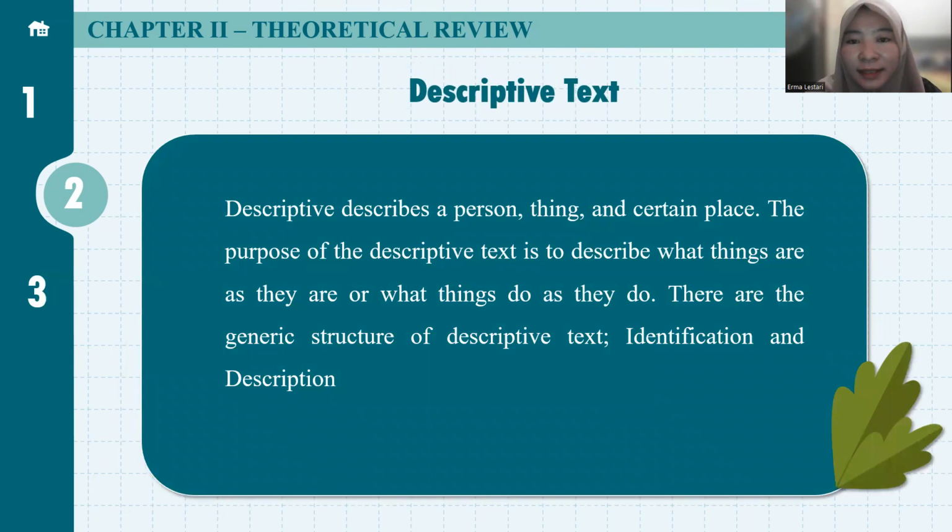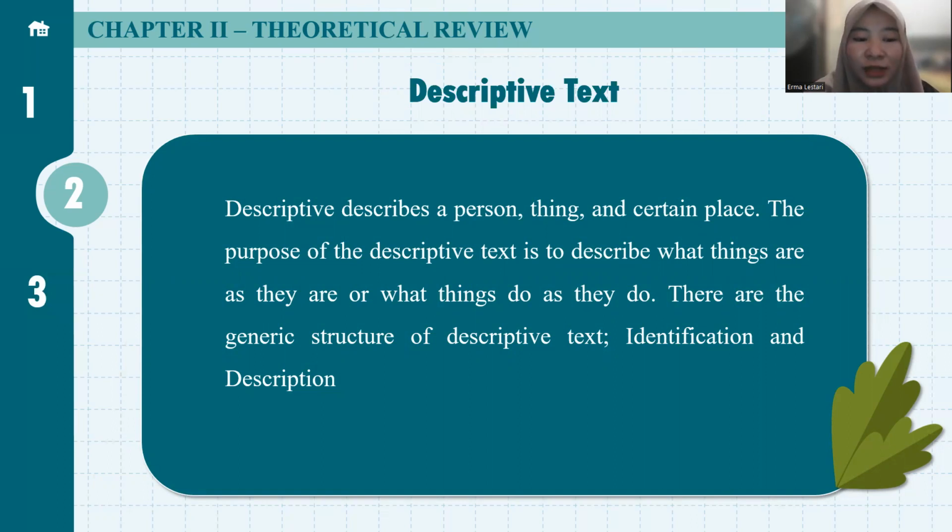The next is descriptive text. Descriptive text is the text that describes a person, thing, and a certain place. The purpose of the descriptive text is to describe what things are as they are or what things do as they do. In descriptive text, there is also a general structure, divided into 2 points. The first is identification and the second one is description.